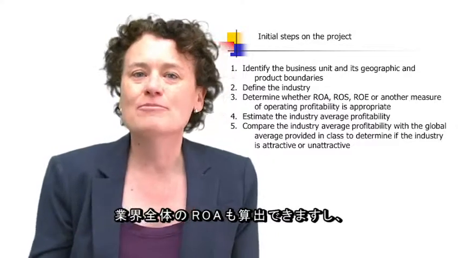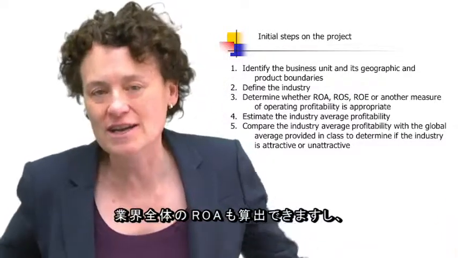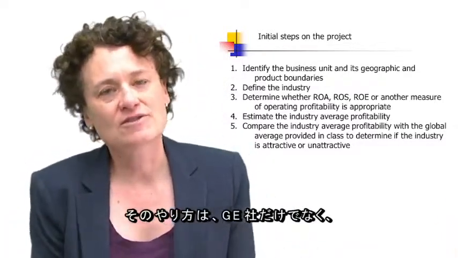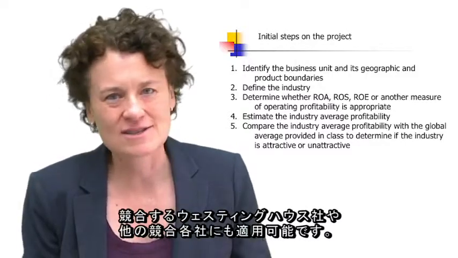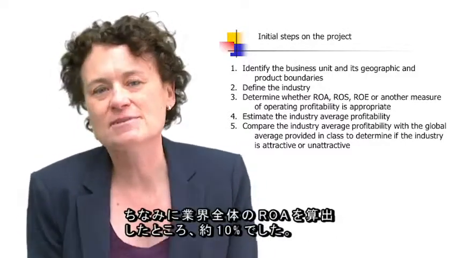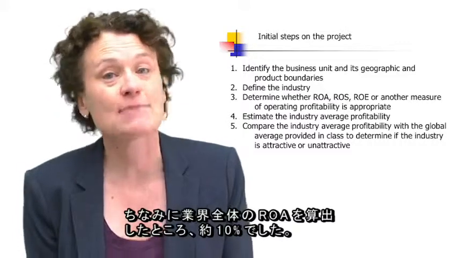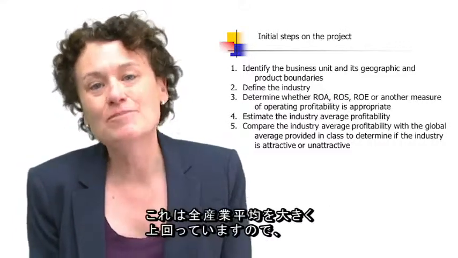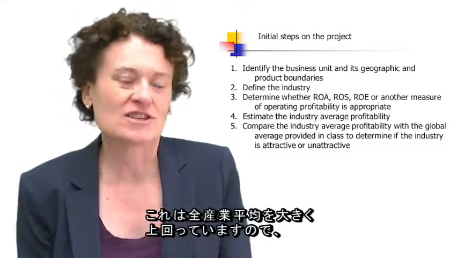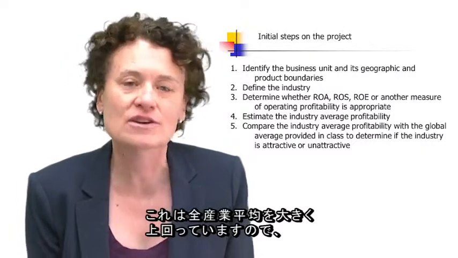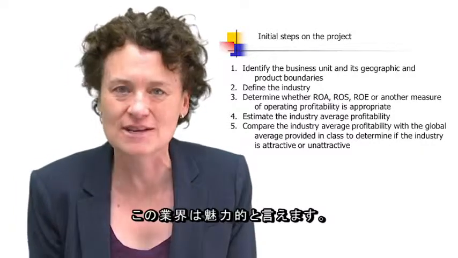And let's say you come up with an estimate for the industry as a whole. It accounts for General Electric as well as its rivals, Westinghouse and others. And let's say you come up with an estimate of ROA for that industry that's about 10%. Well, that's well above the ROA that we discussed in class. So you would conclude that that's an attractive industry.